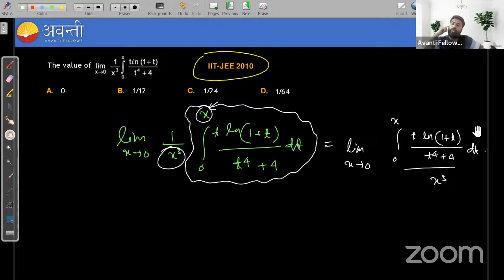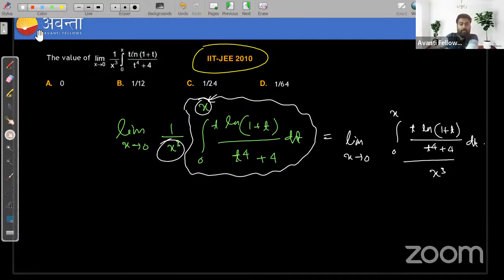It is in 0 by 0 form, yes. When you put x tending to 0, it is in 0 by 0 form or not? Try to integrate this first.